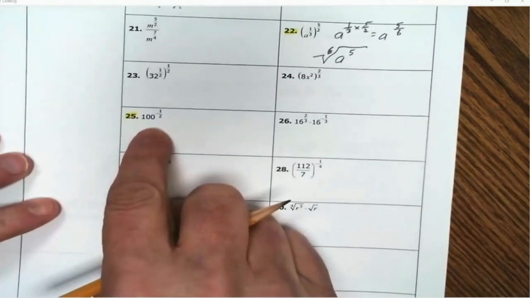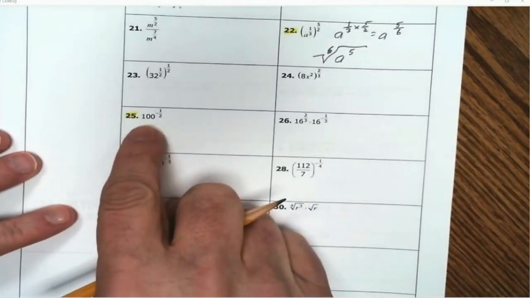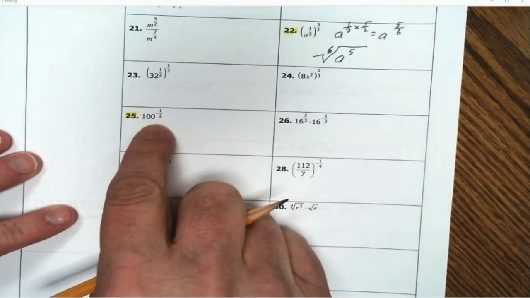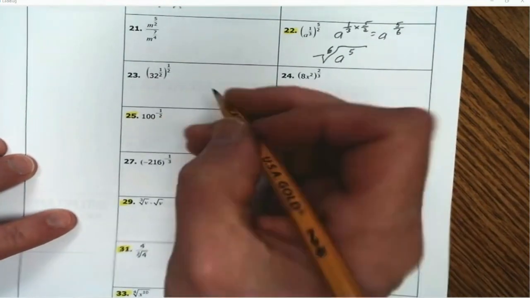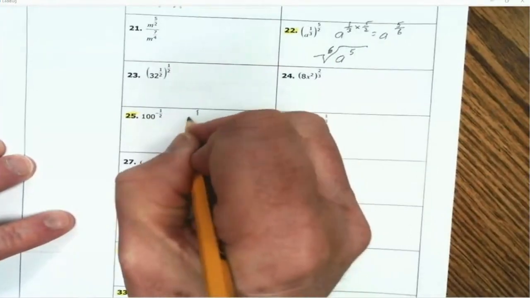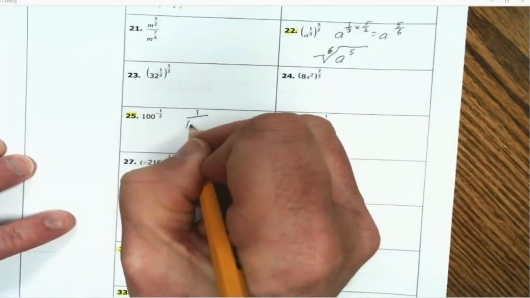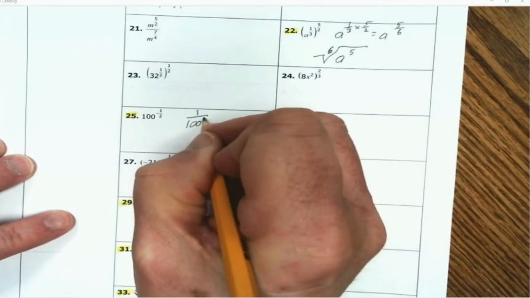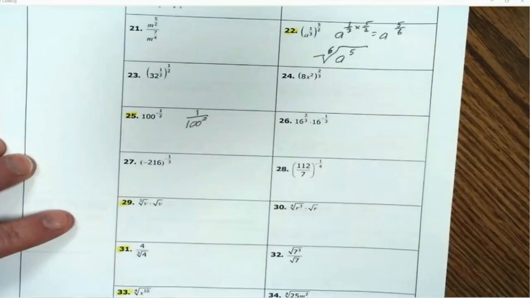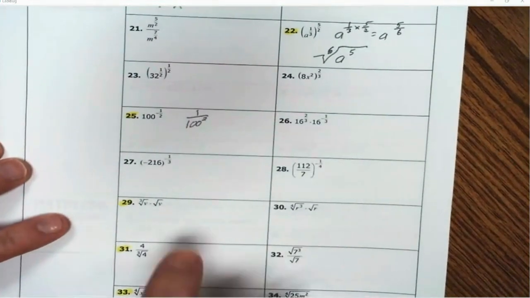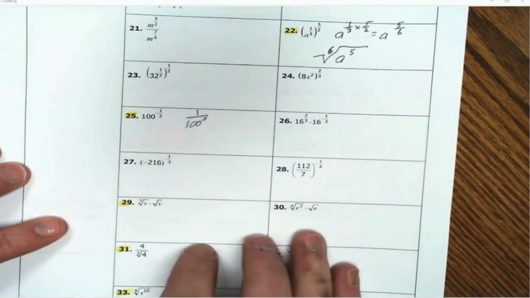Let's go down here. It says 100 to, it looks like a negative 1/2. Well, if you remember a negative 1/2, that's the same thing as 1 over 100 to the 2nd power. All right, if we move it to the denominator, it becomes 1 over.